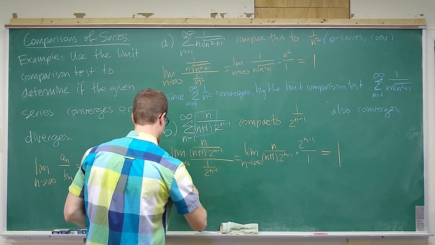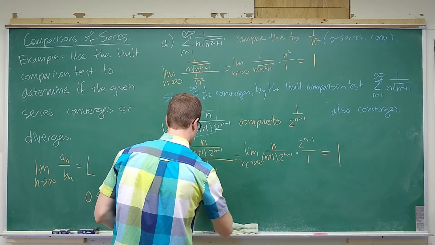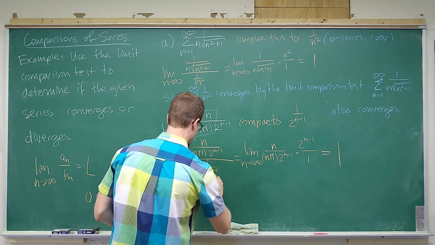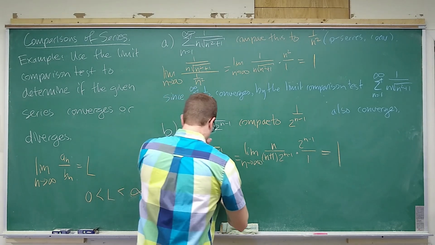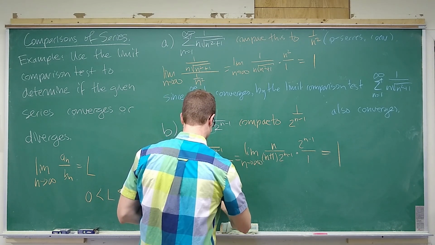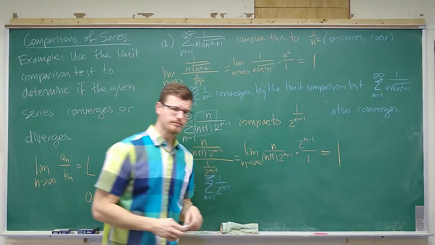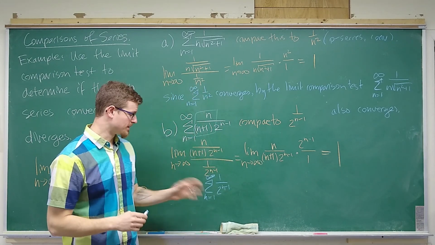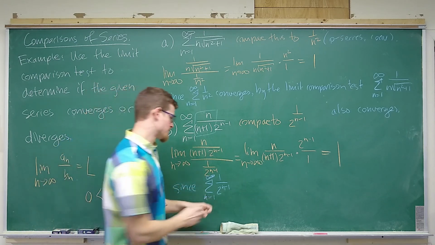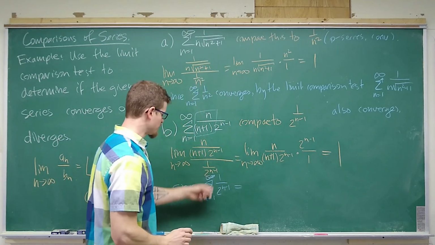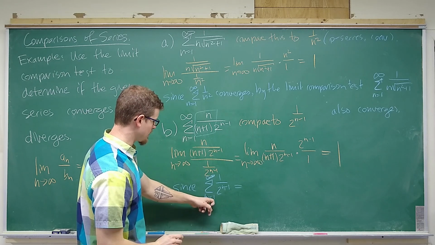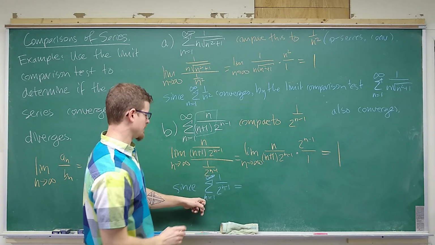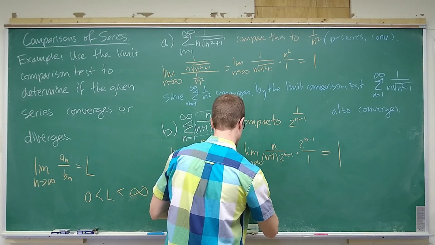Since the sum from n equals 1 to infinity of 1 over 2 to the n minus 1. Now this looks a little bit different than something we're familiar with, but this is actually a geometric series. If we were to adjust the indices a little bit, we could let this be k.